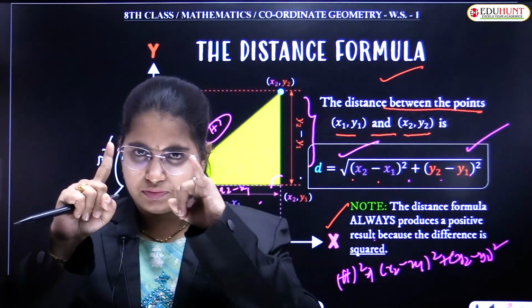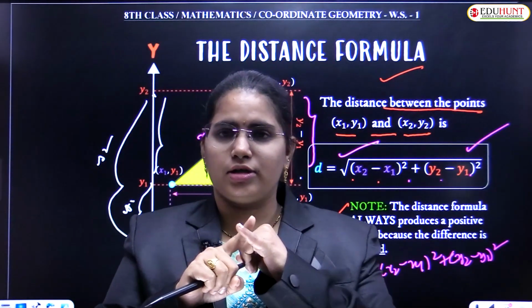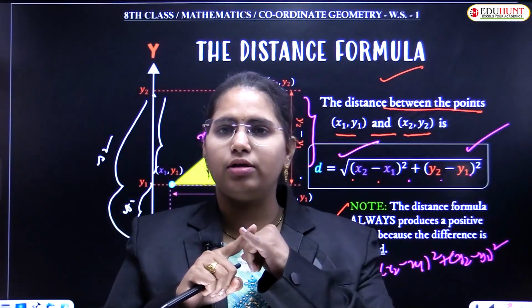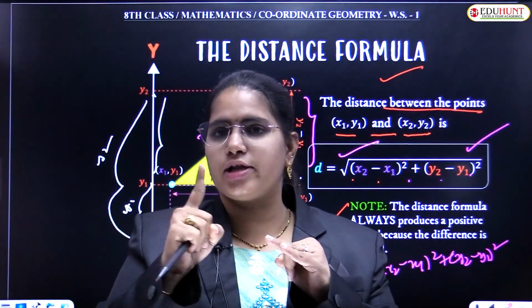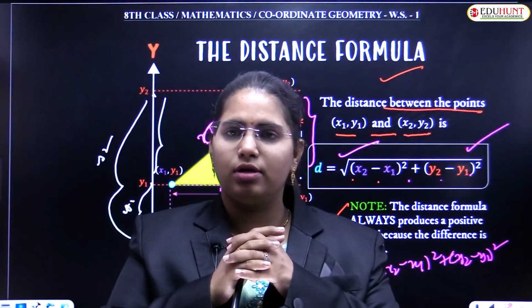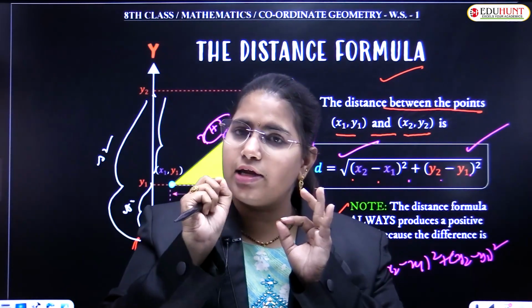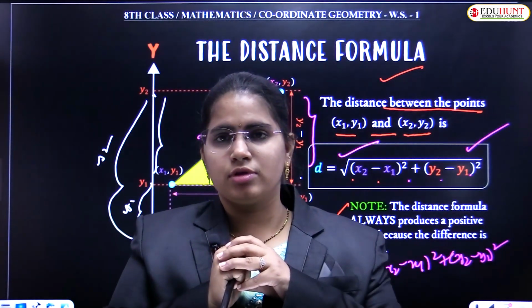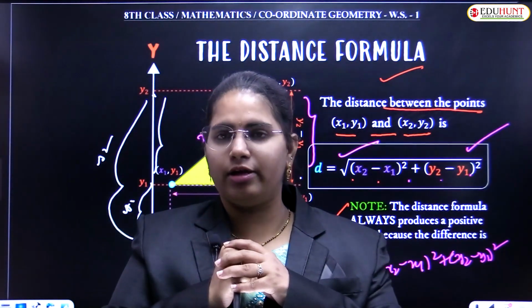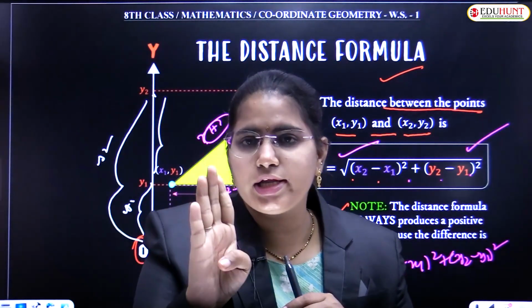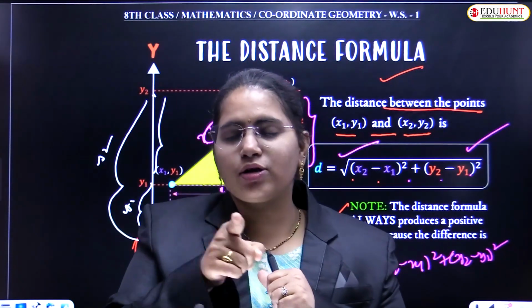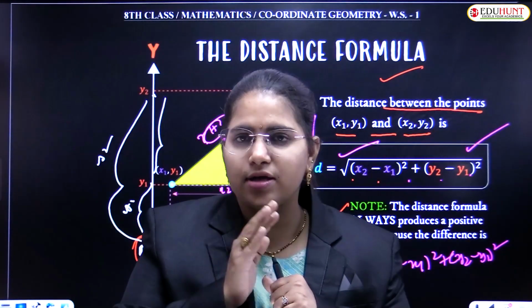What are the things we have discussed? What is coordinate geometry? What are the coordinate axes? First you should learn what the coordinate axes are, x-axis and y-axis, right? If I take any point in the plane, after drawing two perpendicular lines, I will get 4 equal parts. What do we call each part? We call it a quadrant.